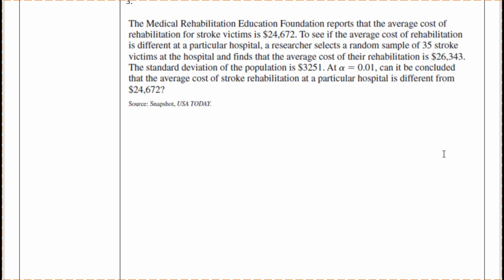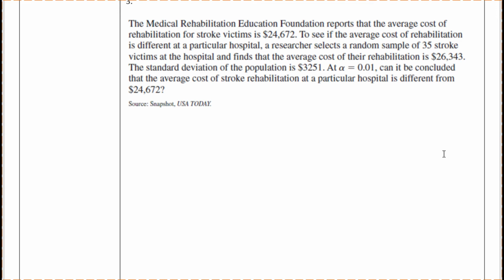The standard deviation of the population is $3,251 at alpha equals 0.01. Can it be concluded that the average cost of stroke rehabilitation at a particular hospital is different from $24,672?